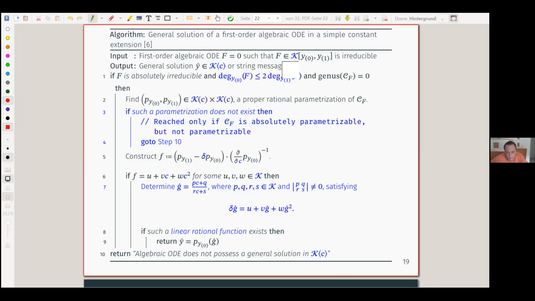The examples fulfill the degree condition, no problem. But this is just from the 2018 paper. This is just one additional necessary condition, which your differential equation has to satisfy. Otherwise, there cannot exist a solution of this type. But it's only a necessary condition. It's not sufficient.